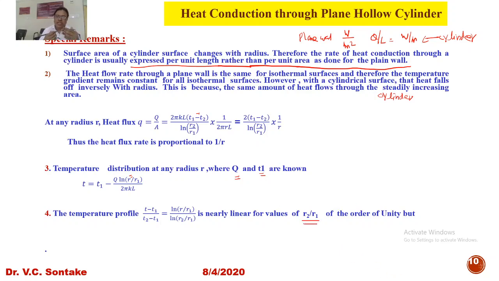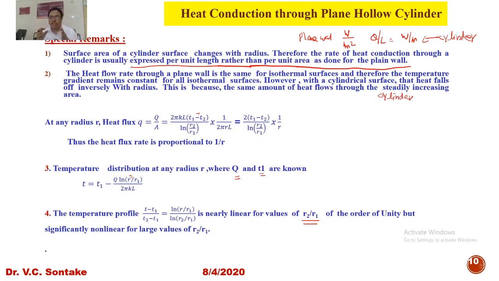That means if the thickness of the cylinder is very small such that R2 is almost equal to R1, under this case the temperature profile will be almost linear, but it will be significantly non-linear for large values of R2 and R1.